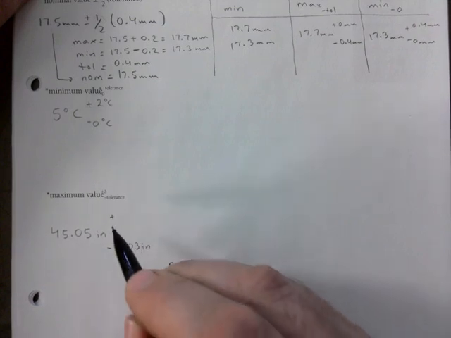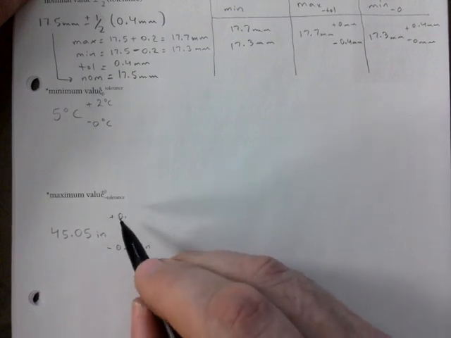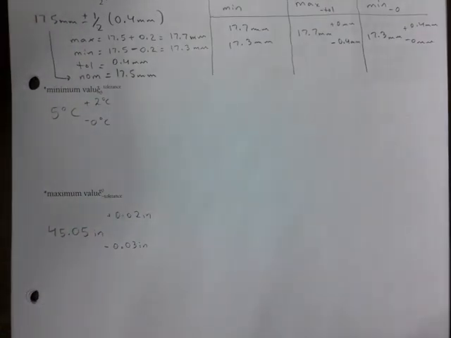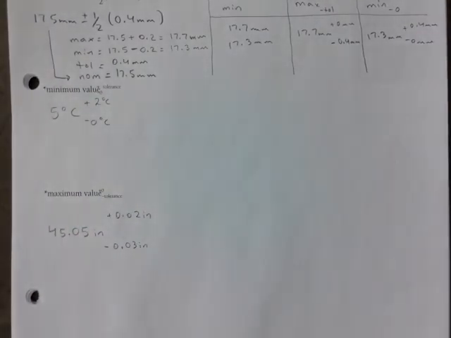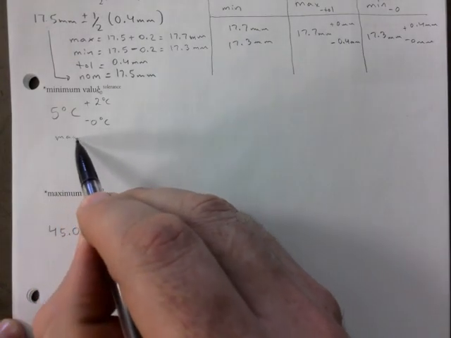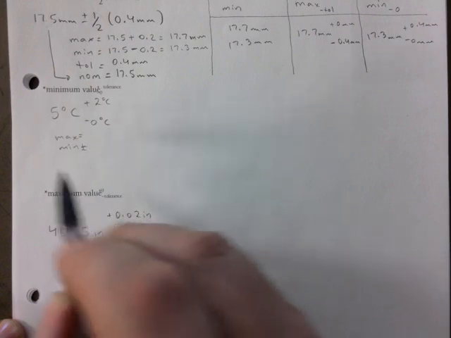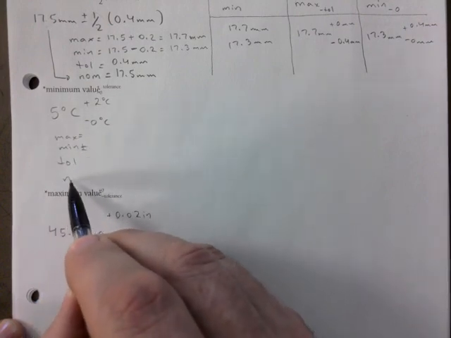You can handle it, but you can be like, what? So max, min, tolerance, nominal.